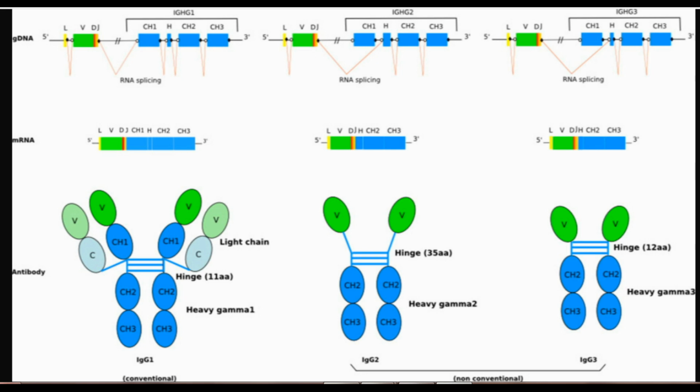VHH libraries derived from a camelid host animal, typically alpaca or llama, are screened for target specificity, and the desired VHH sequences are obtained. Recombinant VHH, rVHH, can then be produced in an expression system of choice. The long CDRs shown in the ribbon diagram, figure 1, are characteristic of the VHH domain, and provide the antibody access to recessed antigenic sites not available to canonical antibodies.